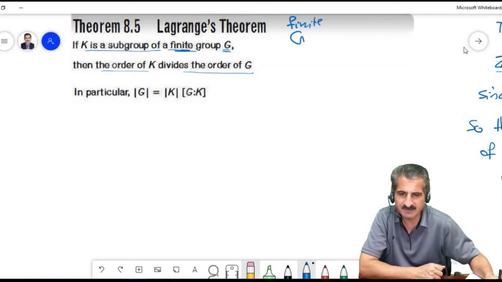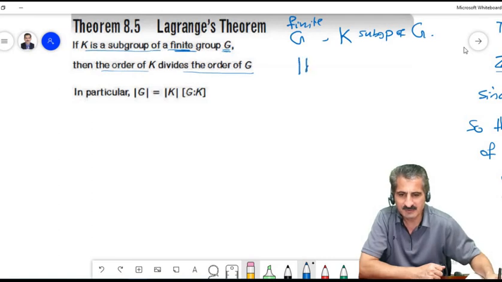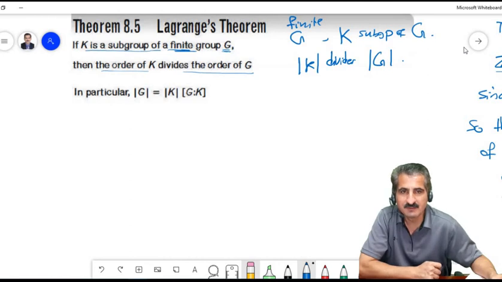If K is a subgroup of G and G is a finite group, then what happens? The order of K divides the order of G.